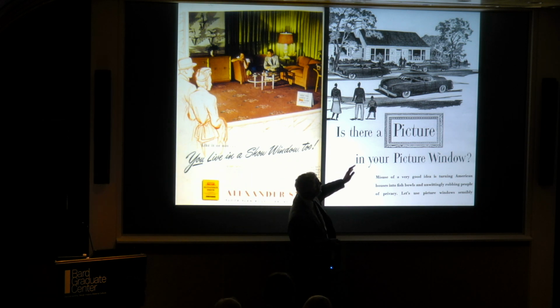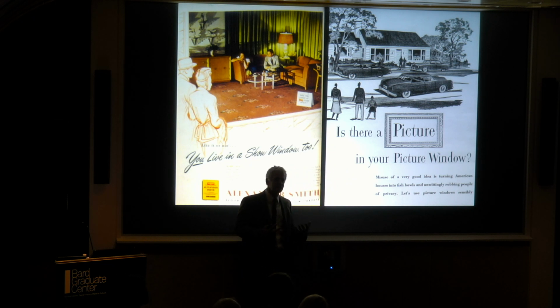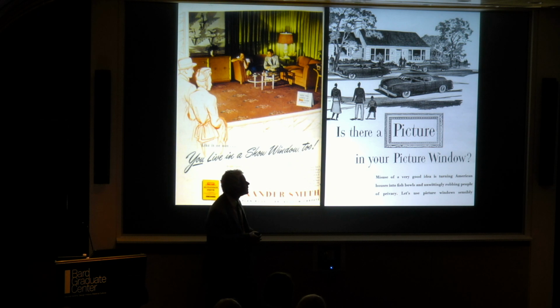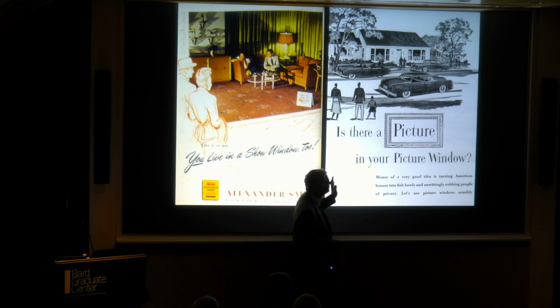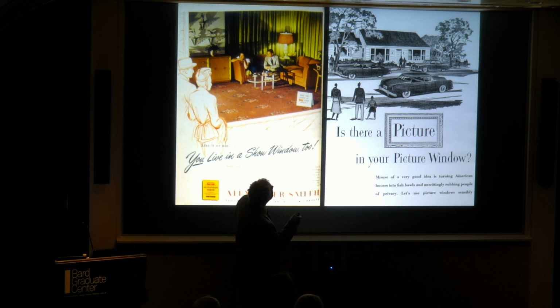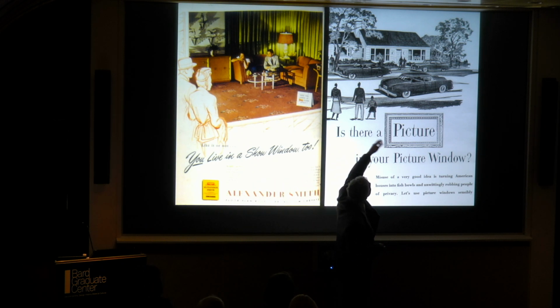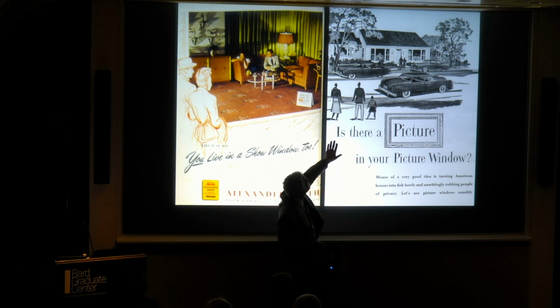Or this from House Beautiful, and you might know Elizabeth Gordon, the editor of House Beautiful, had a kind of xenophobic view of architecture. So this is part of her kind of stewardship. Is there a picture in your picture window? And here, you can see the family. I can't quite point to it, but are you making a nice picture for the neighbors to see?